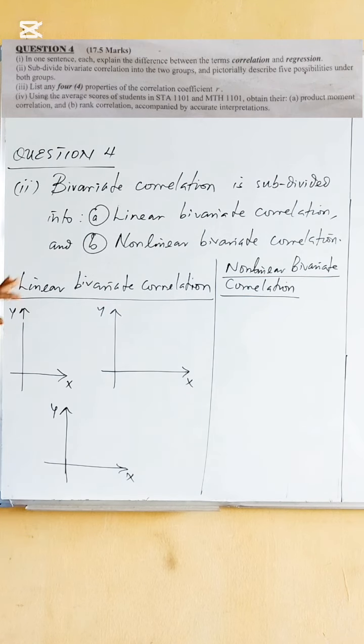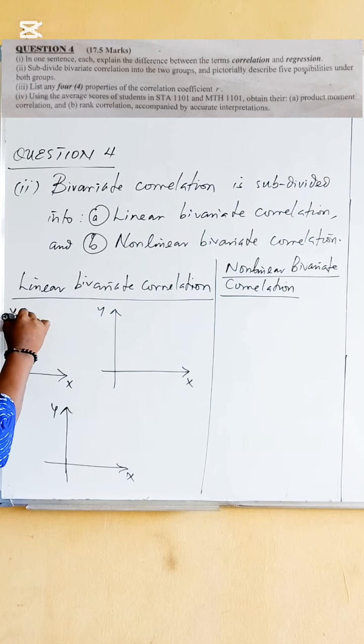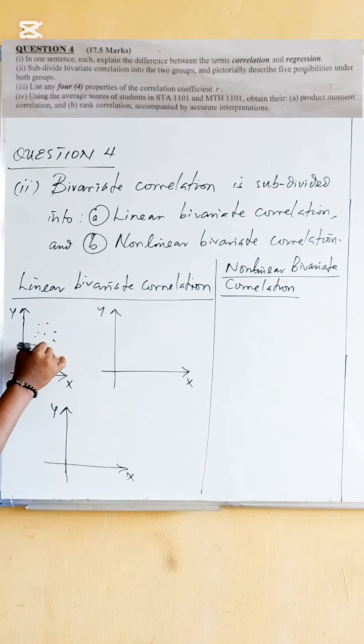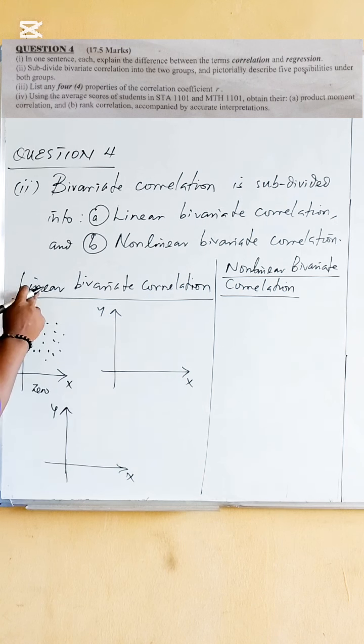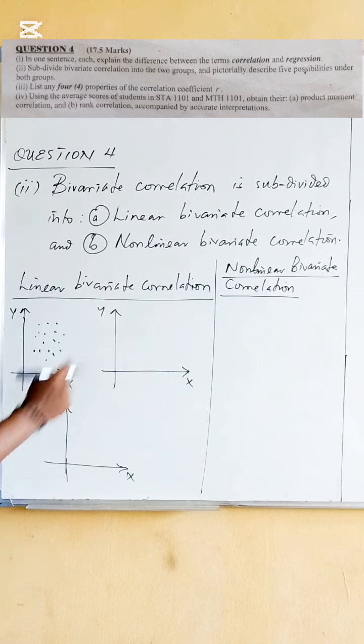Okay? Now, if there is a linear bivariate correlation between two variables, y and x, it is possible that the plotted points could be scattered all around such that we cannot tell if there is a relationship existing between y and x. In this case, we say we have a zero linear bivariate correlation.